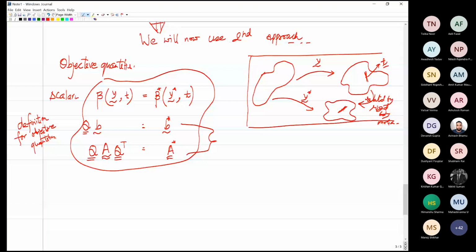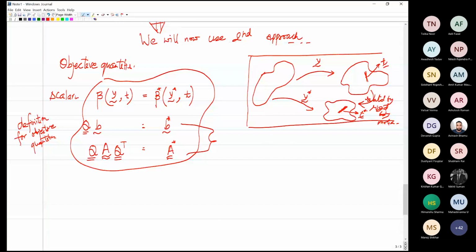Don't you think that t star will be equal to q times t? Because they are rotated by q, then t star will be equal to q times t. Do you agree?